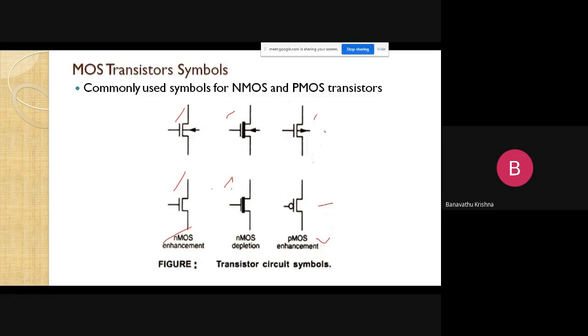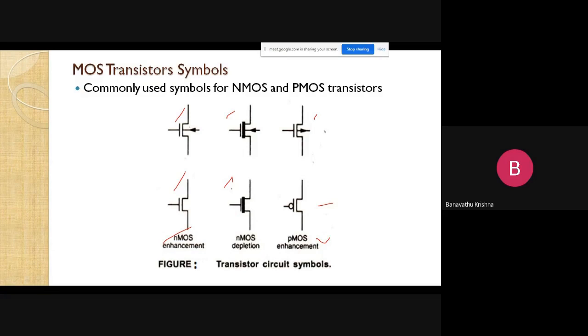As I told you, the N channel device is available in enhancement mode and depletion mode. The P channel is available in enhancement mode. Actually, P channel depletion mode is available, but in most cases we use PMOS enhancement mode only. That's why only the PMOS enhancement mode device is represented here.